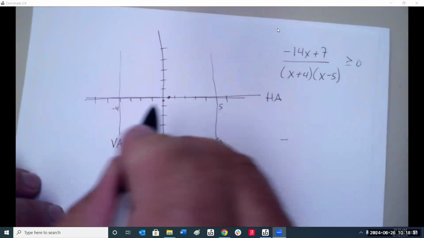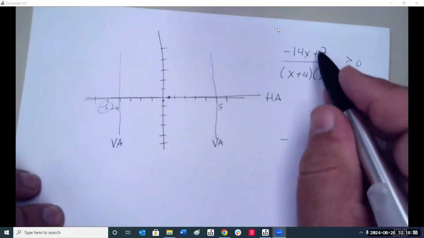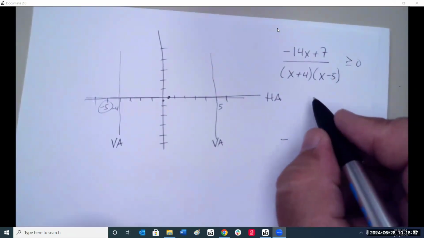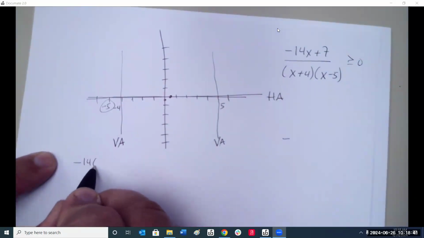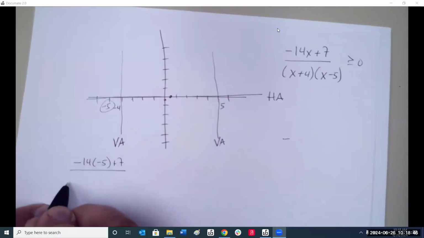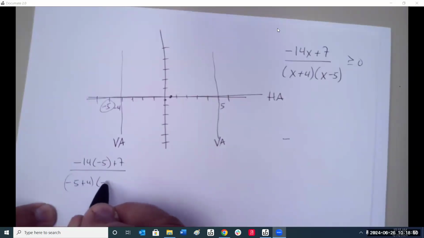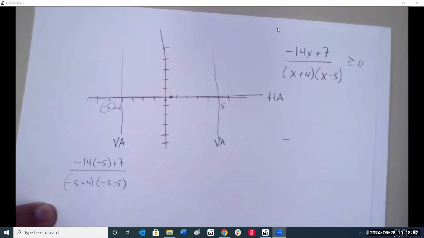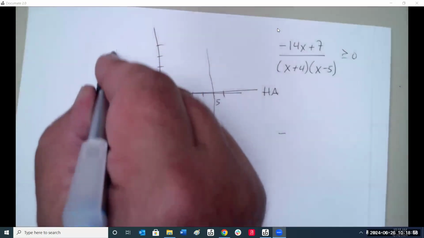Well, let's see. Over here, let's take -5 and put it in this equation. At -5, we get -14 times -5 plus 7, over -5 plus 4, times -5 minus 5. All we want to know is, is the answer positive or negative? If it's positive, we know it's up here.